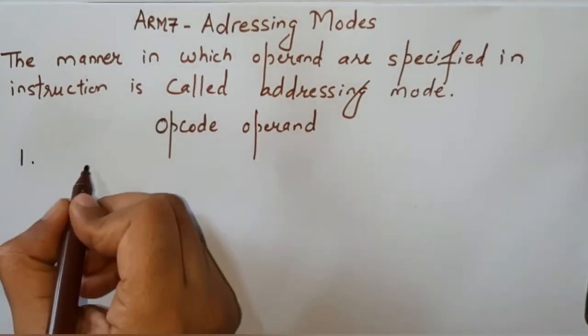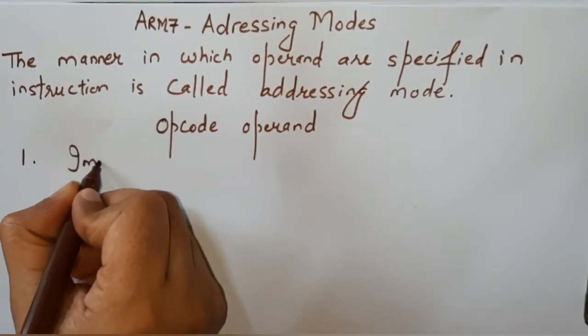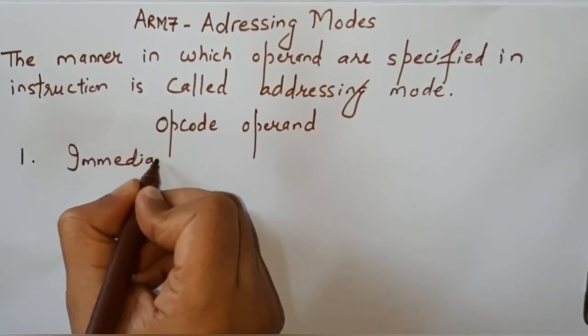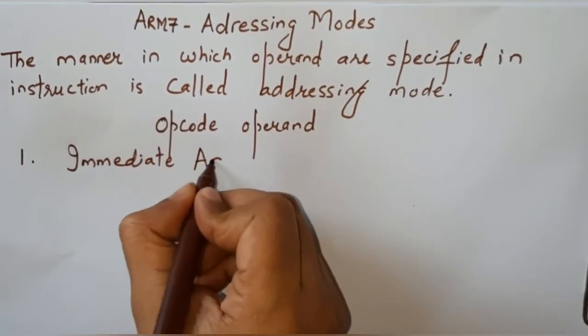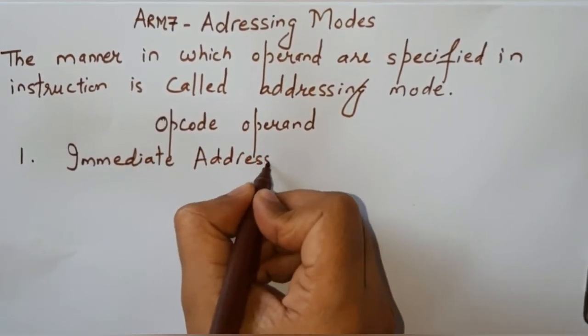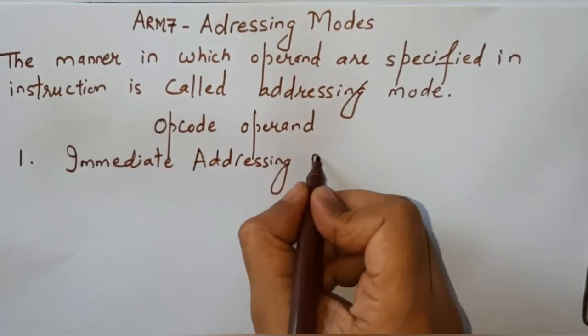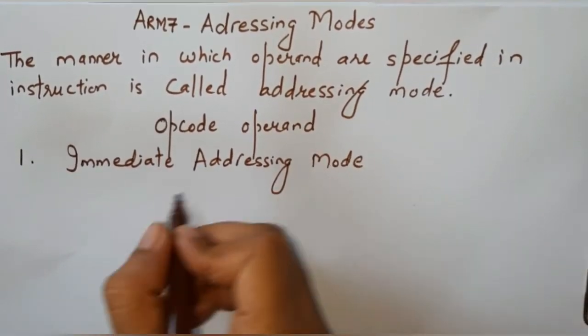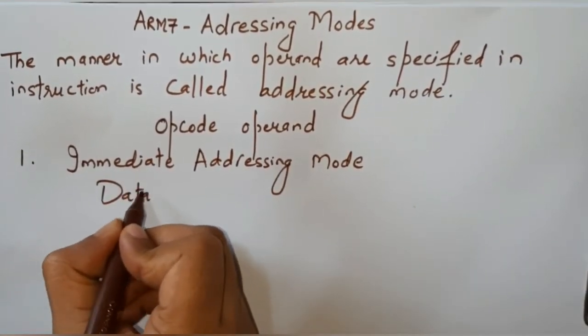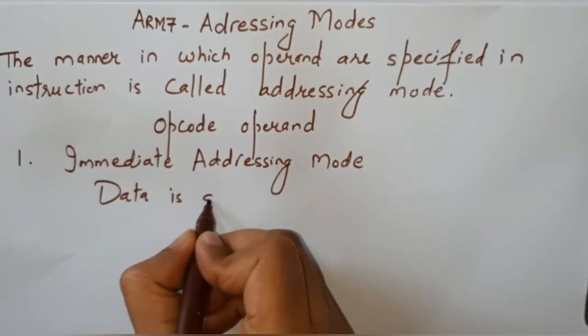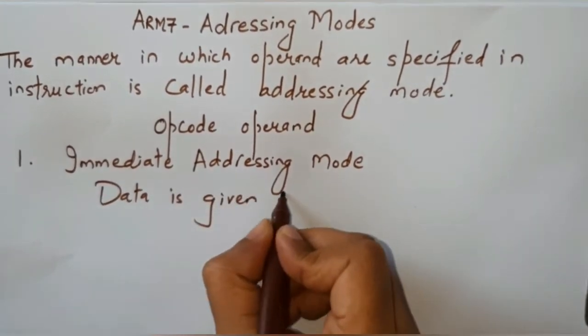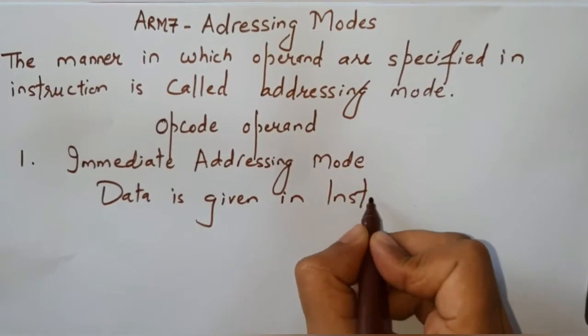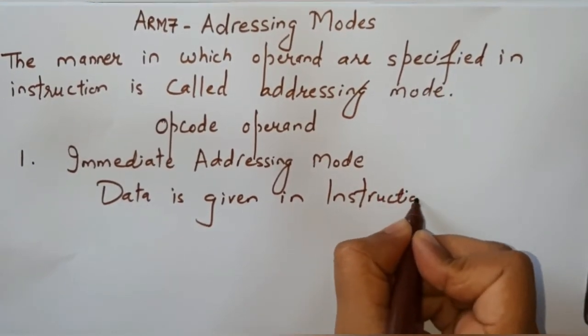So the first addressing mode is immediate addressing mode. In immediate addressing mode, data is given in the instruction.